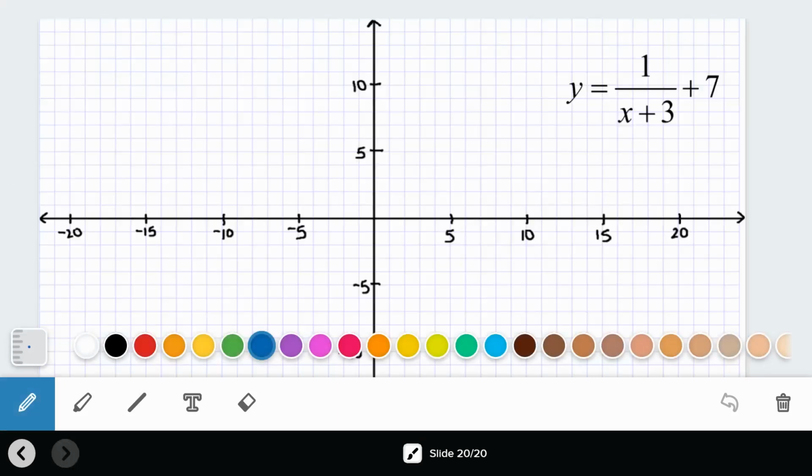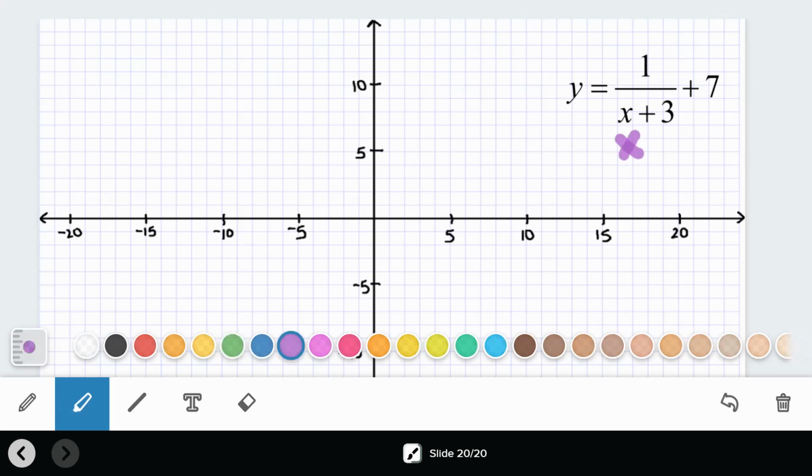This one is going to be a reciprocal function. So x equal -3 is going to be an asymptote. And y equals 7 is going to be an asymptote. So let me draw in y equals 7.